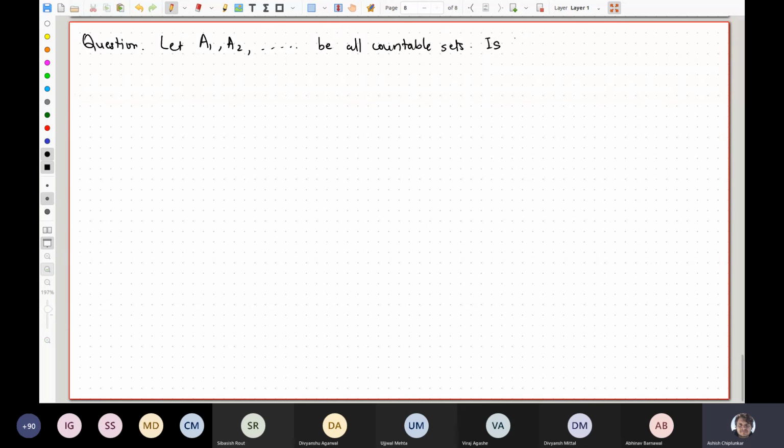So is A1 cross A2 cross, and so on, this infinite Cartesian product, necessarily countable?